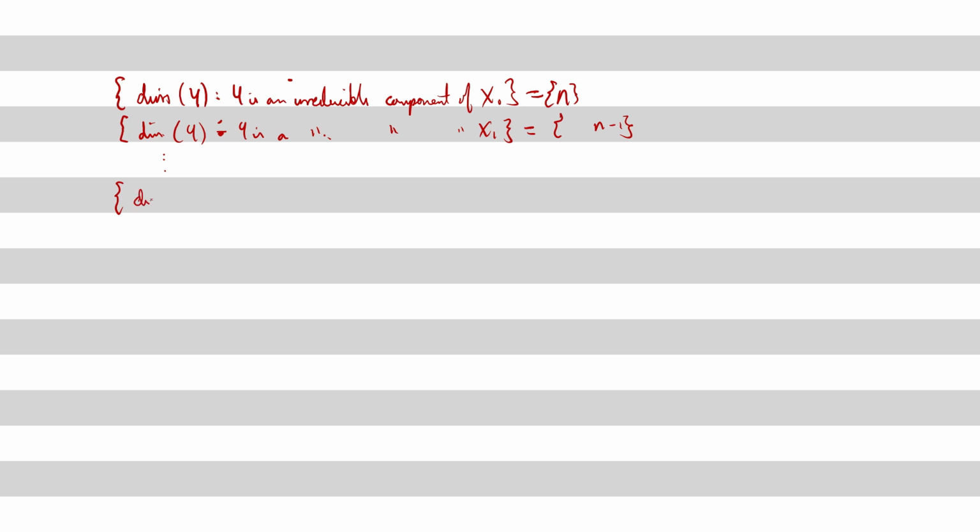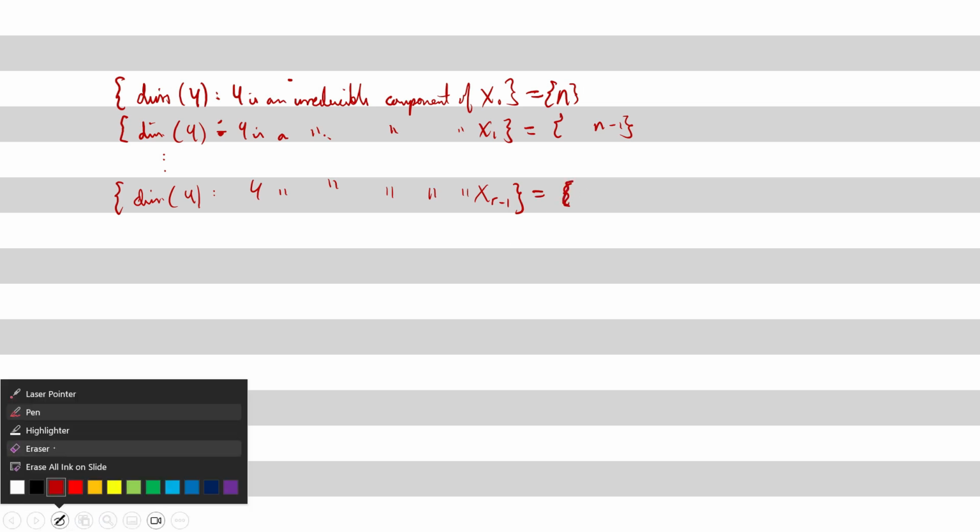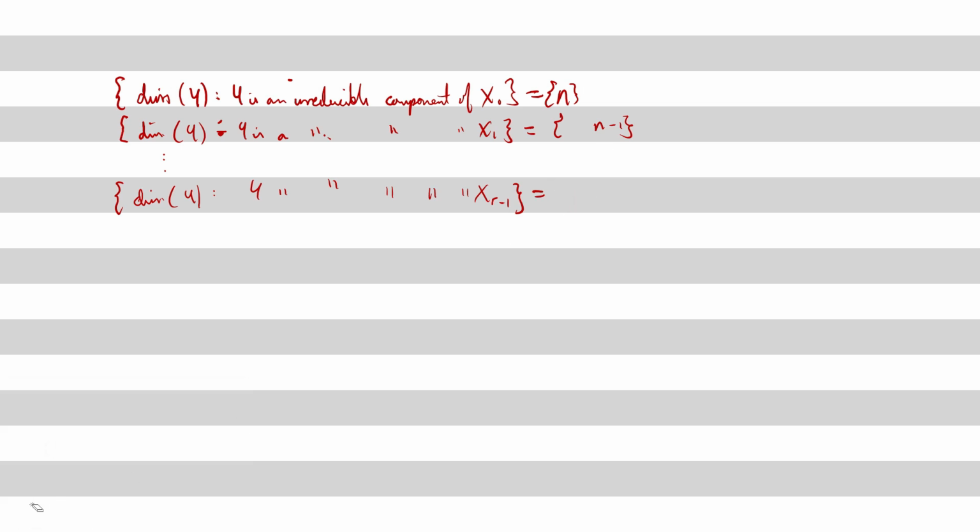And then dim Y such that Y is an irreducible component of X_{r-1} is equal to, let me just properly do this because I like writing nice curly brackets.